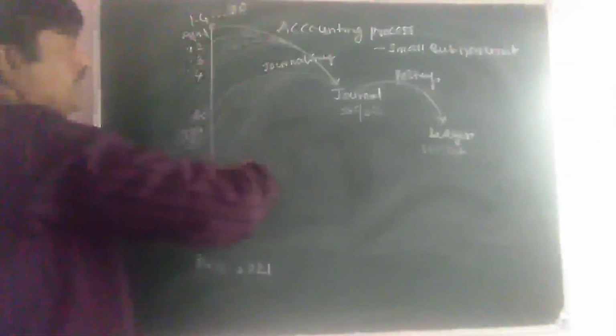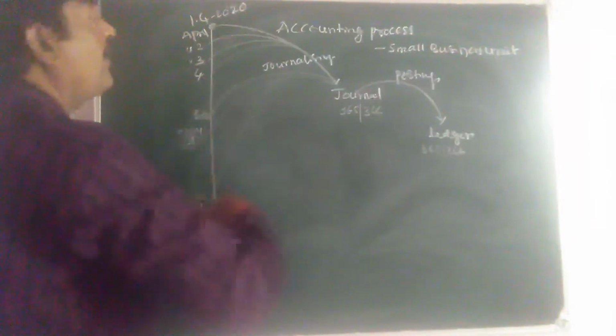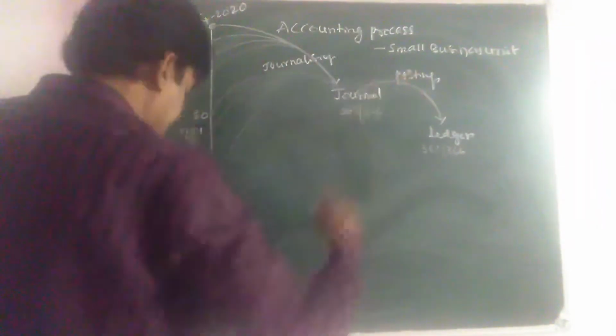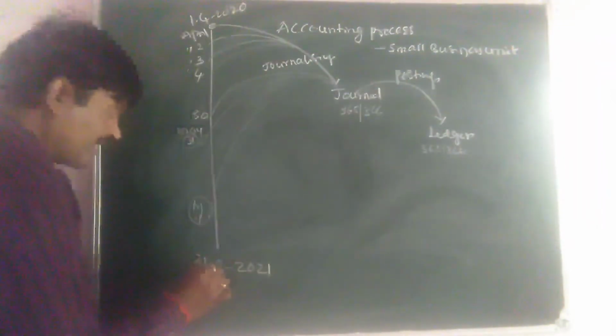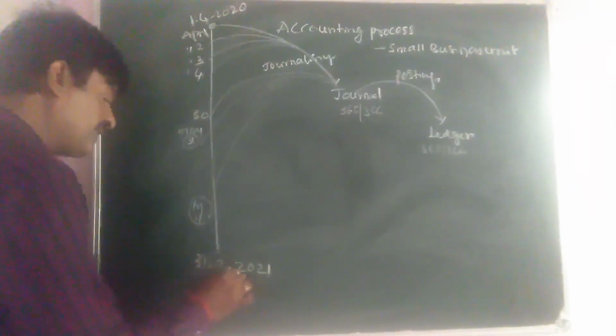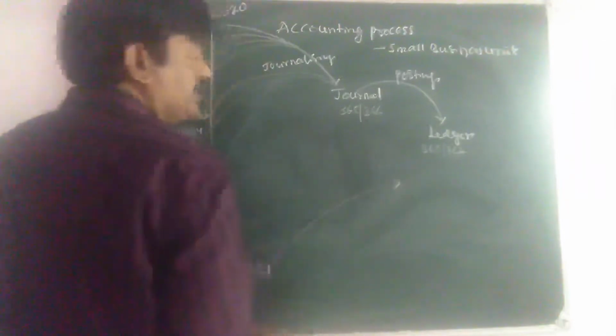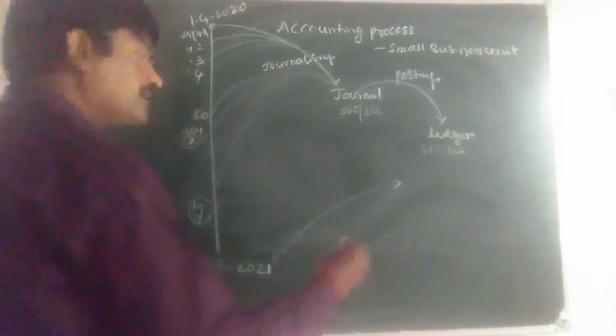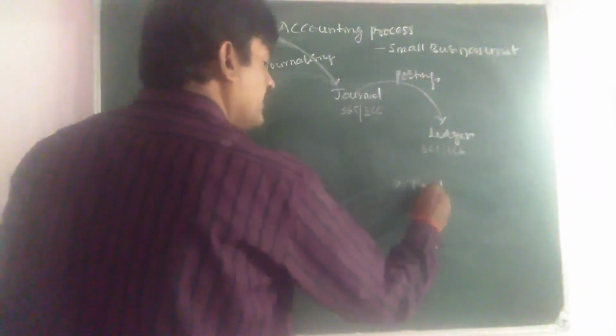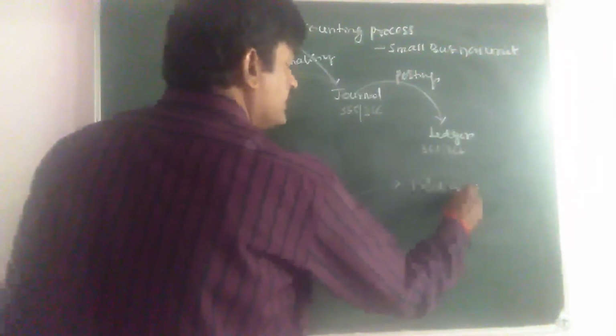After completion of successful 1 year of journalizing and posting, at the end of the accounting period, that is on 31st March, one statement is prepared. The statement is called trial balance.